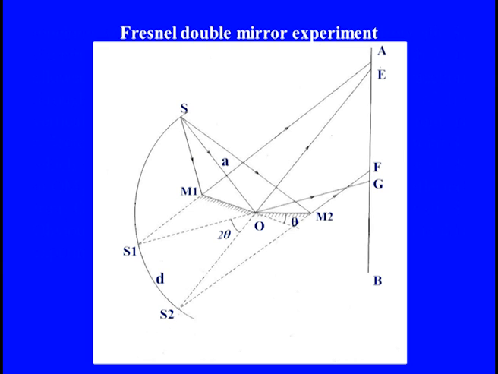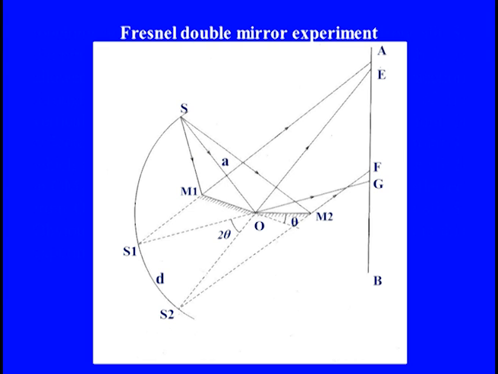The light from a narrow slit S, illuminated with monochromatic light of wavelength lambda, is allowed to fall on the mirrors, whose line of intersection through O must be adjusted parallel to the length of the vertical slit S. One half of the incident wave front is reflected from OM1 and appears to diverge from the point S1, which is consequently the virtual image of the source slit S in OM1.